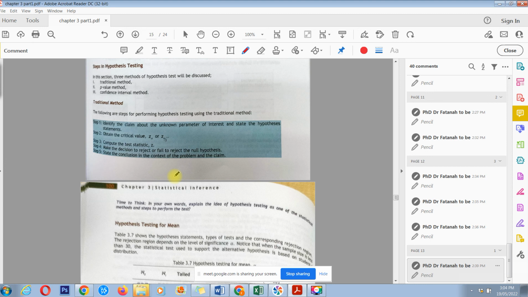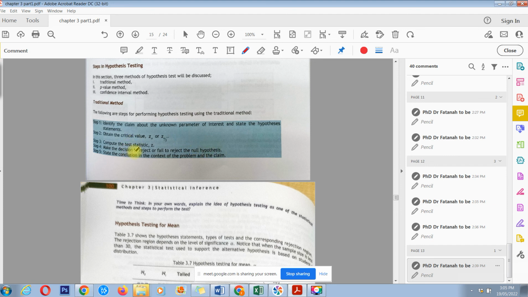So we construct a claim, and then we obtain the critical value. What is the critical value that we want to consider? And then compute the test statistic, Z. And then the fourth step is to make a decision to reject or fail to reject the null hypothesis.